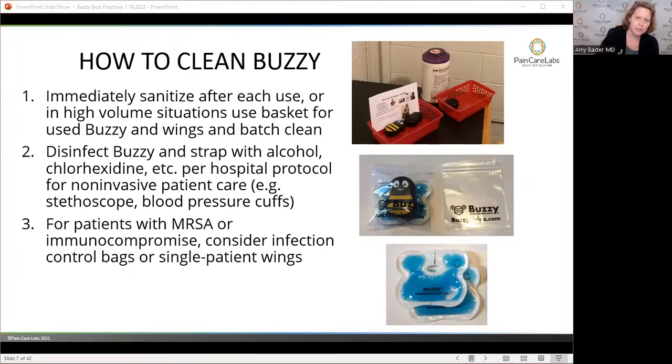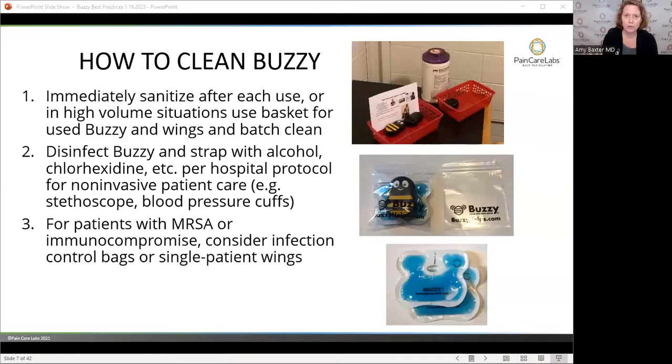Now, for patients with MRSA or who are immunocompromised, one of the options is we do have the Buzzy infection control bags. Now, you could put this into a stat lab bag, but the stat lab bags are going to be a little bit big, and so it's going to be moving around when you have the ice and the Buzzy together. So we do have appropriately sized infection control bags where the Buzzy can be placed.